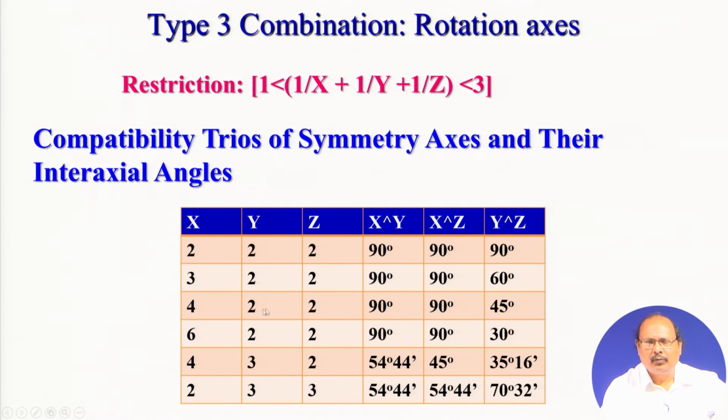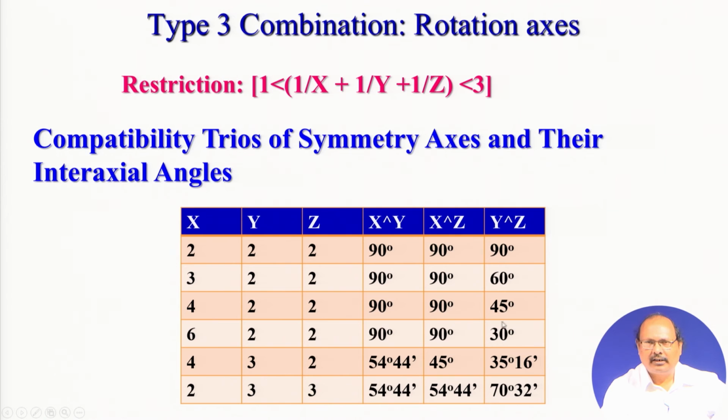In case of 4, 2, 2, the four-fold axis or tetrad is vertical. In the horizontal plane, you have two-fold axes of symmetry, and the angle between these horizontal two-fold axes is 45 degrees. And in case of 6, 2, 2, the vertical axis is a hexad, and in the horizontal plane you have two varieties of two-fold axis.